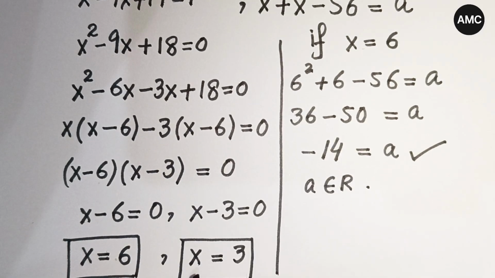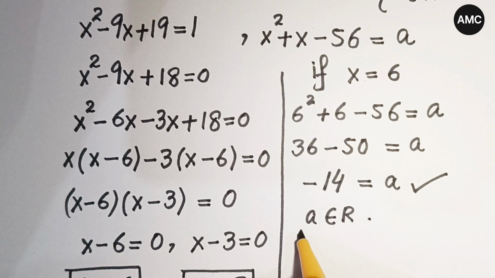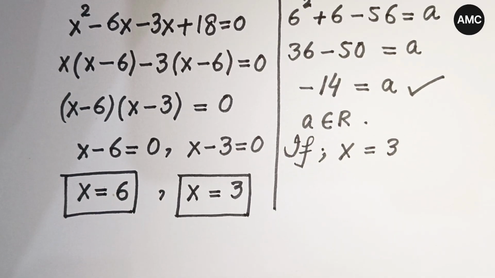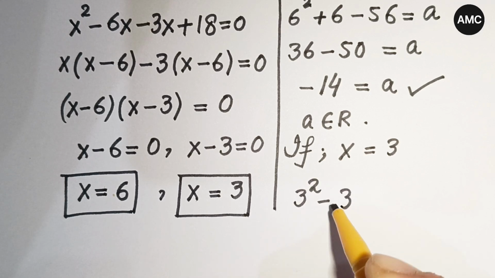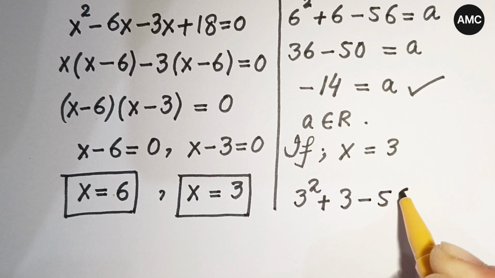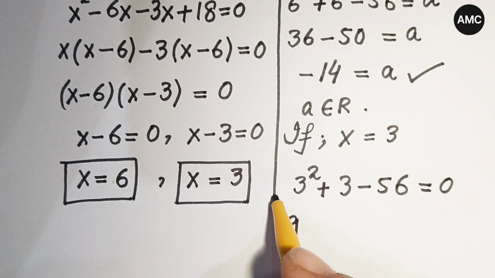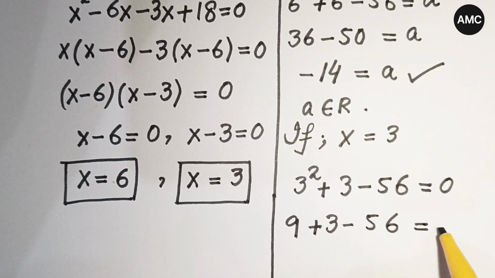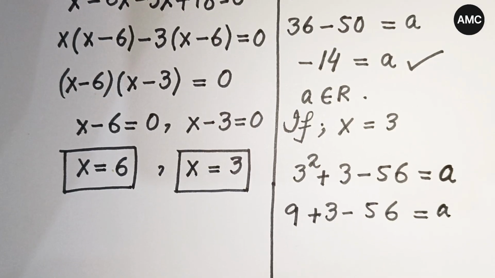Now if we put x = 3 in the same equation, we get 3² + 3 − 56 = a. 3² is 9, plus 3 minus 56, so 9 − 53 = −44, which is equal to a.